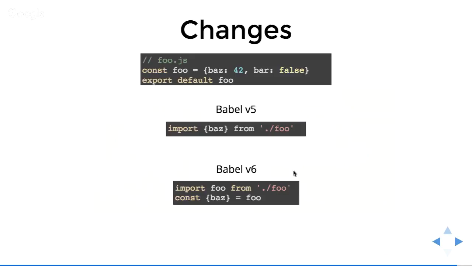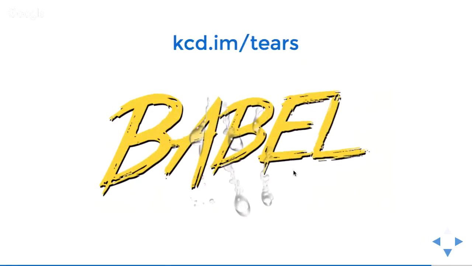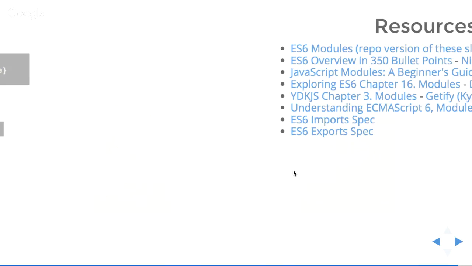Yeah, that was a real pain. And if you look at that blog post, kcd.im/tiers, it will also show you some of the quirks you have to deal with when working with CommonJS and combining CommonJS with the ES6 modules. So definitely something that you might look at.